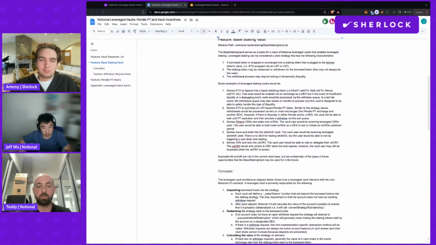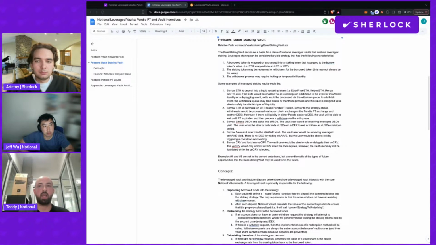From the Notional protocol perspective, we're taking the approach of listing vaults where the staking token is ultimately going to resolve to the borrow token. There's some established pathway for the staking token to be resolved one-to-one back to the token that the vault is borrowing, right? And there's some period of time that it takes for that to happen.